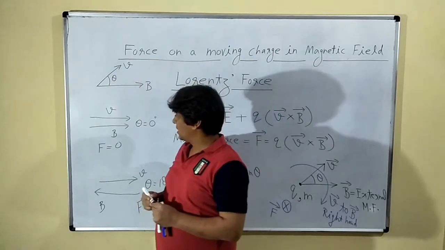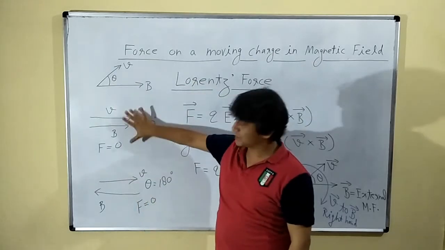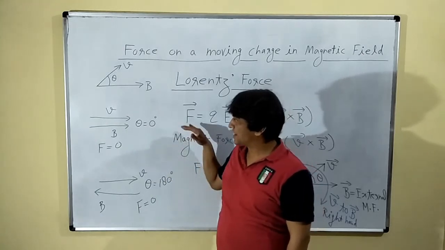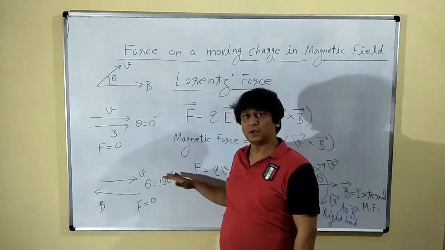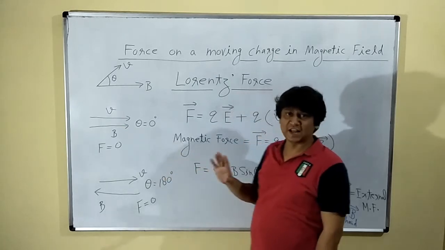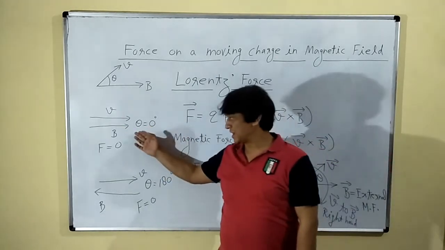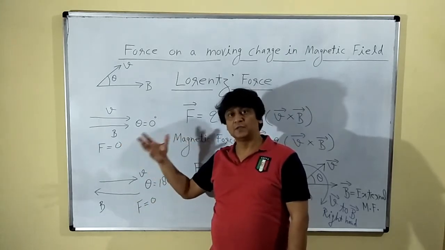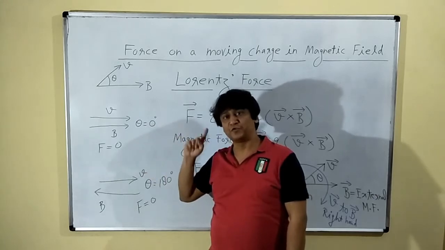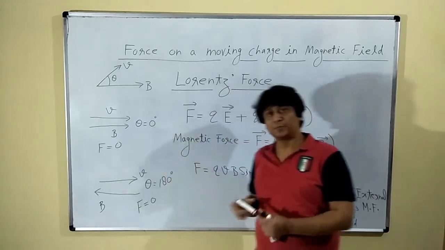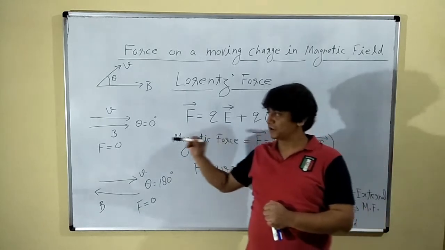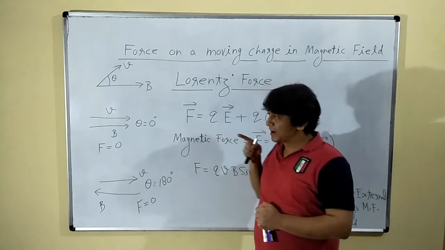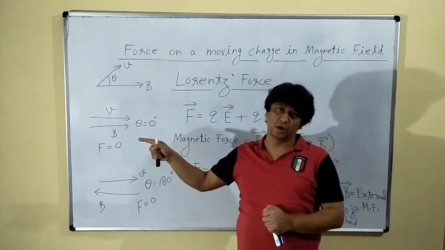Theta. यहां हमने क्या कॉन्सेप्ट डेवलप किया कि अगर चार्ज मैग्नेटिक फील्ड के डायरेक्शन में मूव करता है तो उस पर कोई फोर्स नहीं लगता है, मैग्नेटिक फील्ड के डायरेक्शन में या उसके ऑपोजिट along the magnetic field line. And then I told you that that's how direction of magnetic field is decided. कि अगर आपको दिखा कि एक चार्ज अनडिफ्लेक्टेड मूव कर रहा है मैग्नेटिक फील्ड में तो पक्का है कि मैग्नेटिक फील्ड उसी डायरेक्शन में होगा.